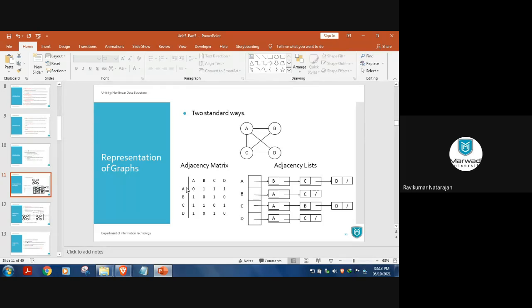Four vertices are there, and 1, 2, 3, 4, 5 edges are there. So this is dense. So what kind of representation now I should use? For dense, which representation is best?